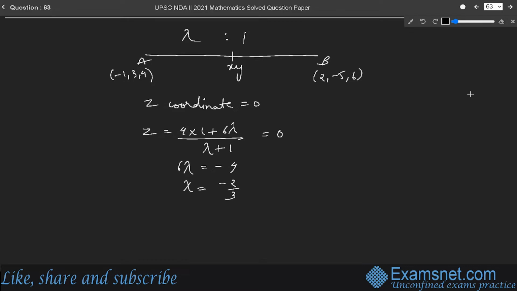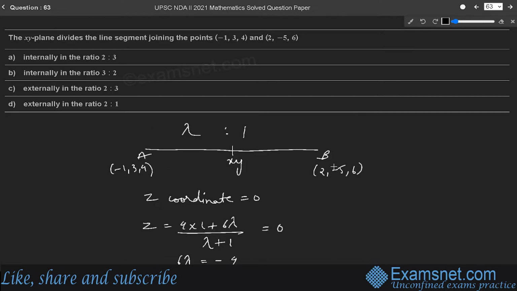Since the value of lambda is -2/3, it divides externally in the ratio 2:3, because the sign is negative, so it will be external. So the correct option for this question is option C, externally in the ratio 2:3. I hope it is clear to you now.